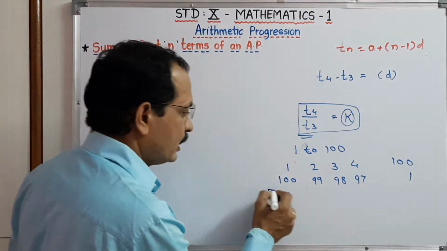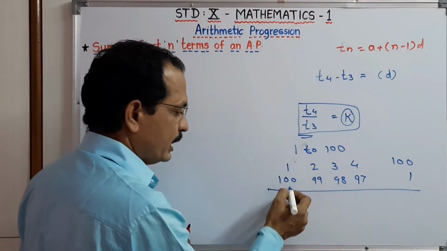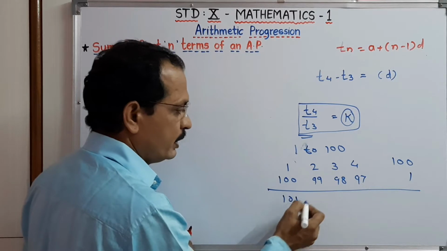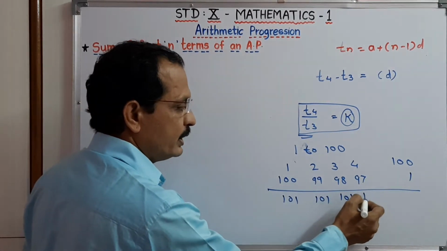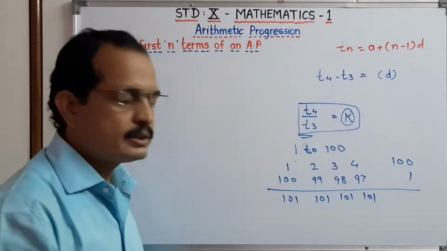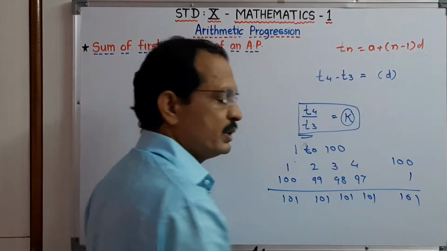Then he did the addition like this: 1 and 100 is 101, 99 and 2 is 101, it is 101, it is 101. Like this, he did the sum of all those numbers.